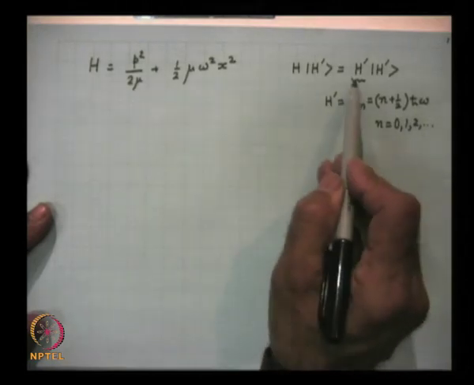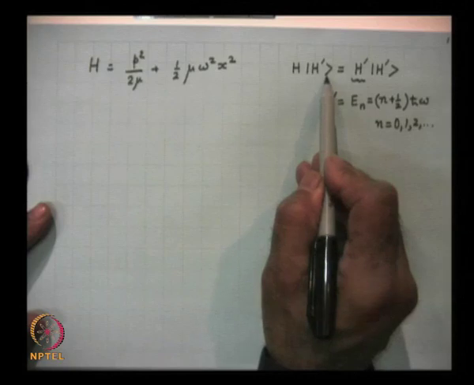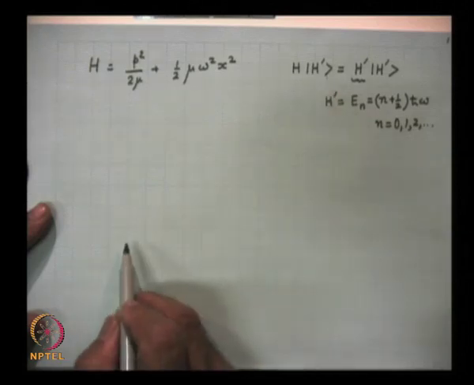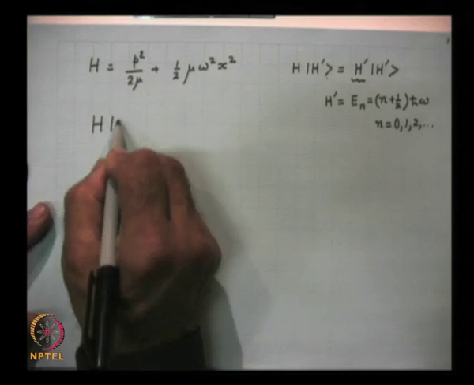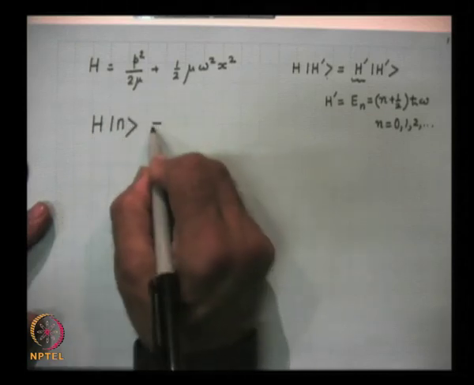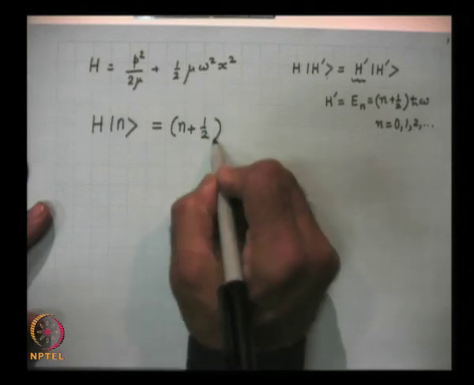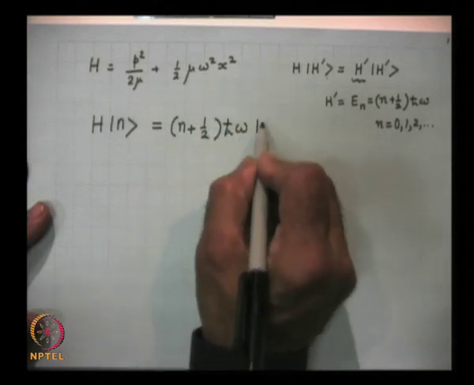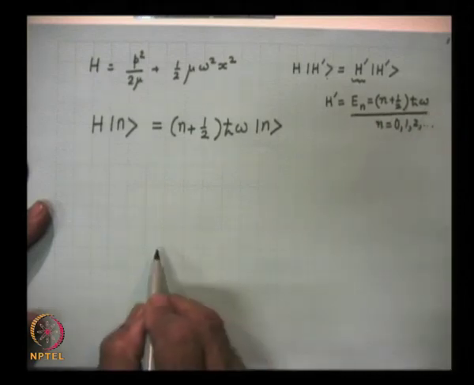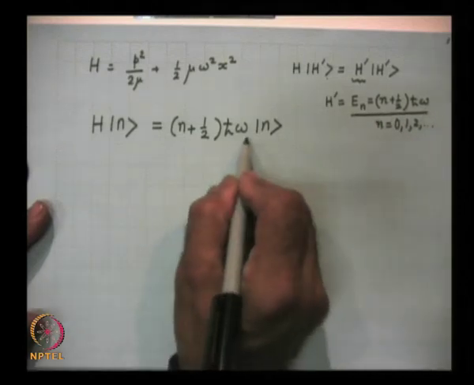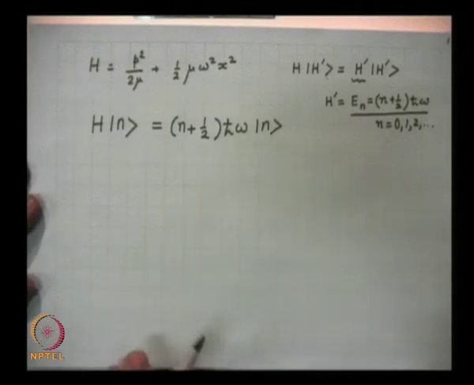Corresponding to the eigenvalue h prime, the eigenket is denoted by ket h prime. So, we denote these by h ket n is equal to n plus half h cross omega ket n. So, this is the eigenvalue, and corresponding to the eigenvalue n plus half h cross omega, ket n are the eigenkets.